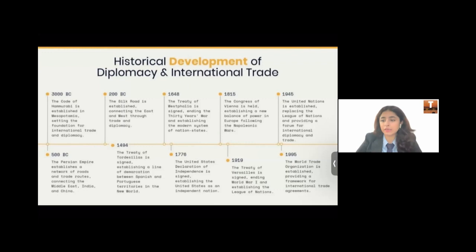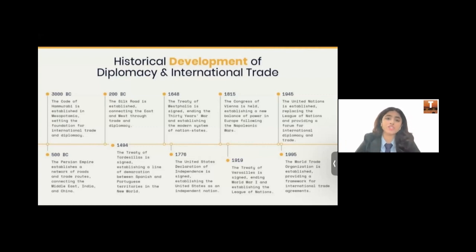So you're seeing the PPT, which mentions various civilizations, various centuries, how this all has evolved. The historical development of diplomacy and international trade can be traced back to ancient civilizations, and it has evolved over the centuries. So it's not a new concept. It's been here for a long time. There are some historical developments mentioned here.